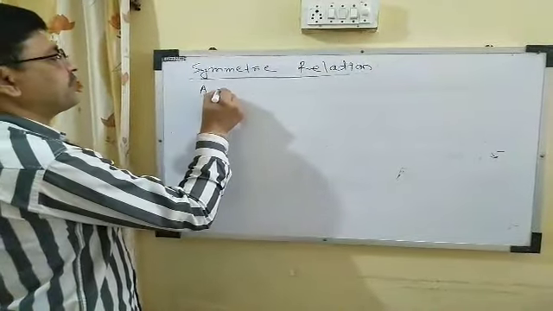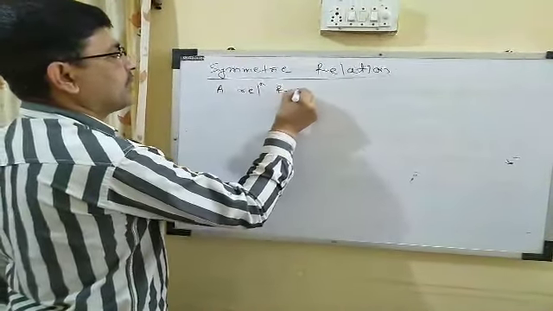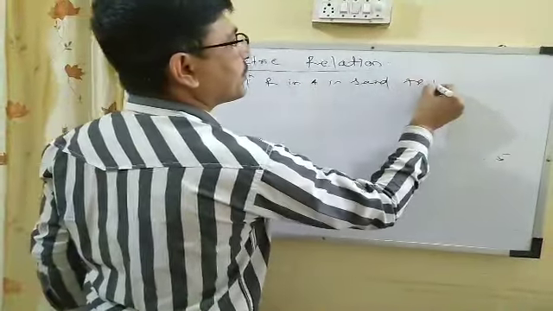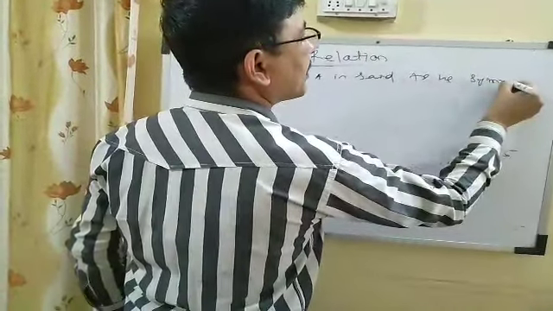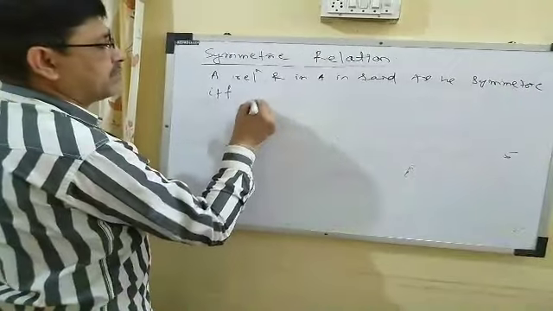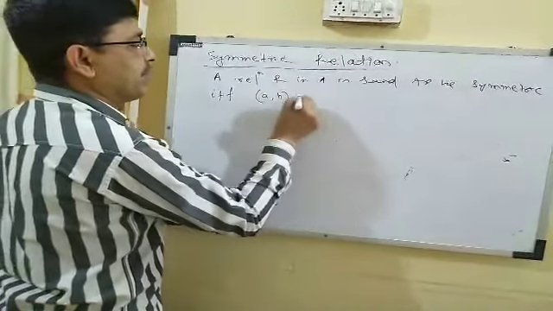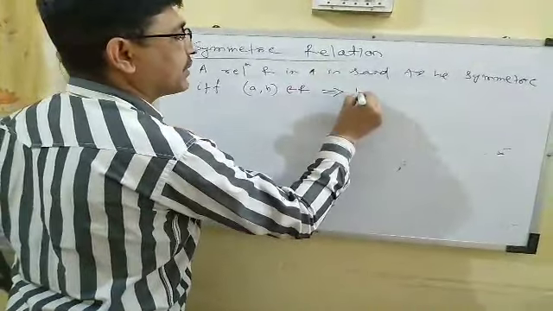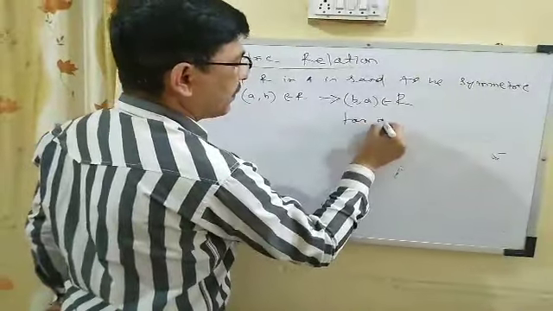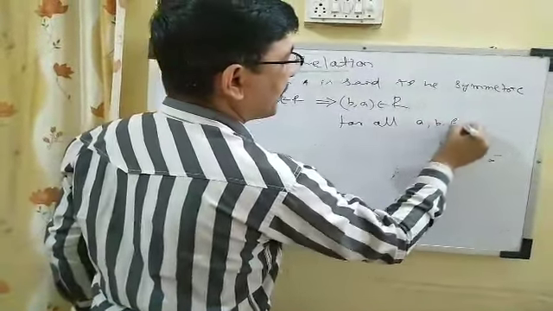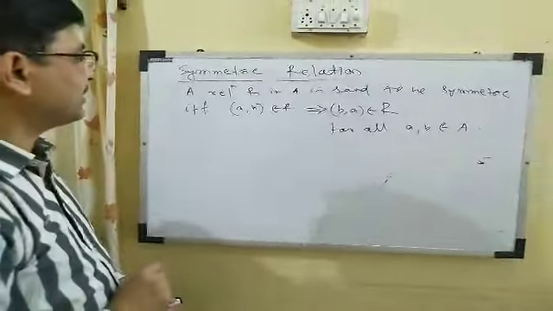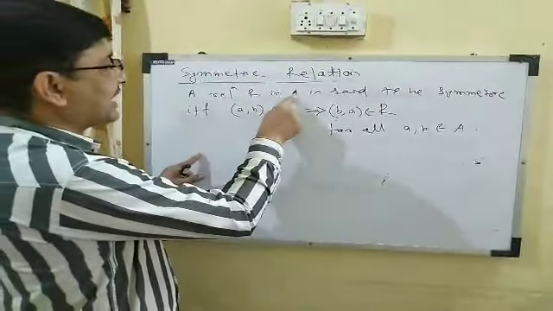A relation R in A is said to be symmetric if and only if the ordered pair (a, b) belongs to R implies that (b, a) belongs to R for all a, b belongs to A. Now, symmetric relation states that under what condition this relation R in A is said to be symmetric?